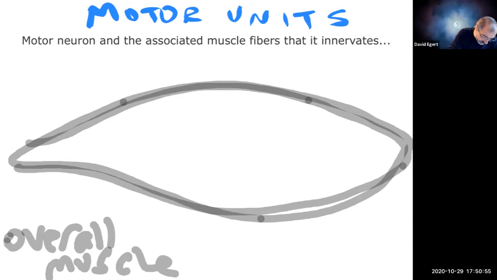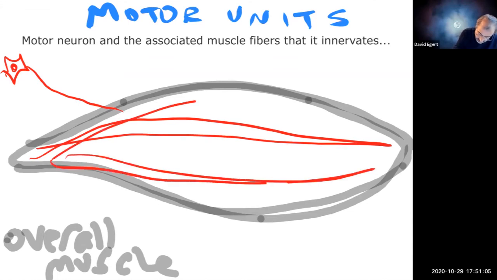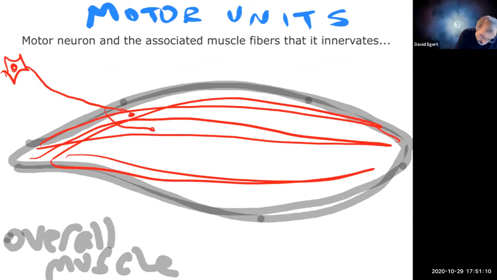There's some neuron. Let's start with the red motor unit. There's some motor neuron, and it's going to innervate a collection of muscle fibers within here. So here's some muscle fibers, and this red motor neuron is doing those. Let's do a different color one.